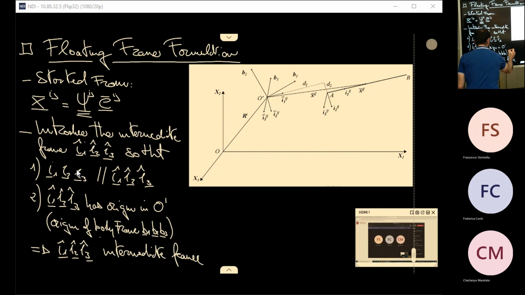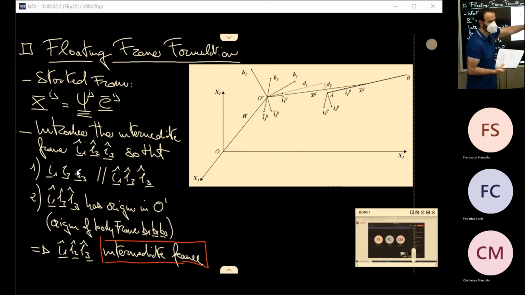Okay, so this is really just a new frame, which really can be called intermediate because it's intermediate between the original element frame and the frame of the body.